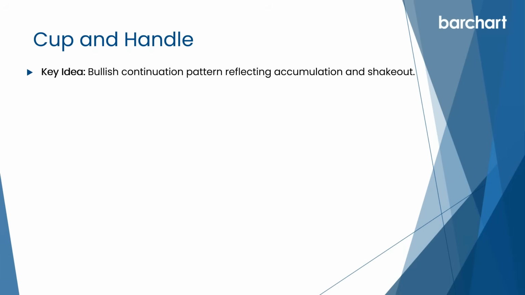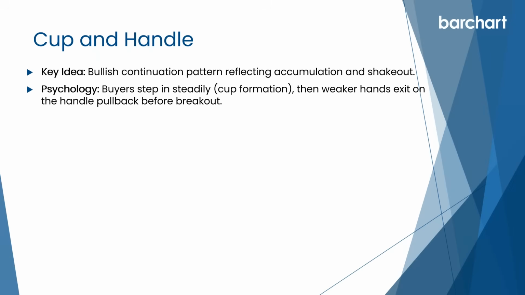But Bulkowski noted that he found an effectiveness of early continuations, and these patterns tend to be very reliable. The psychology is buyers step in steadily, that's the cup formation, and then weaker hands exit on the handle pullback, again, drawback, before the breakout.